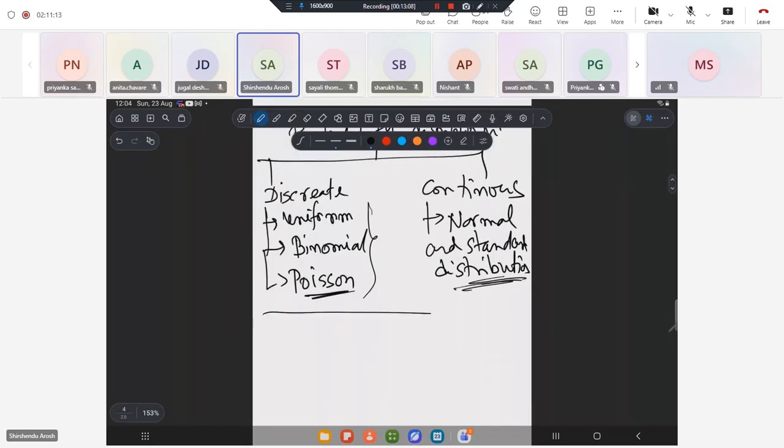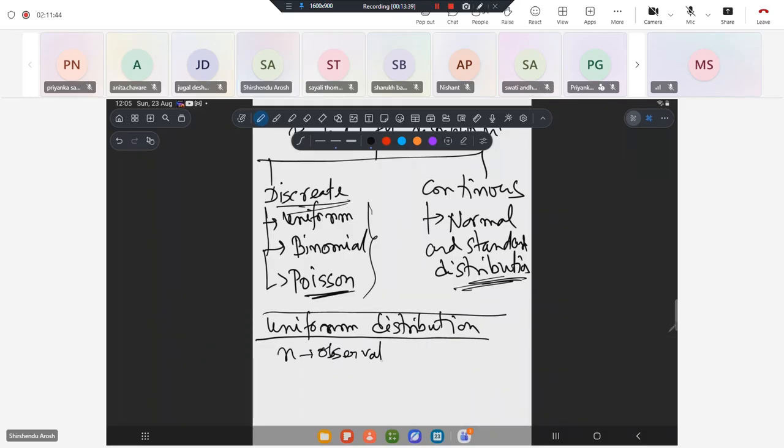Let's start with the very basic one, that is the uniform distribution. Probably the easiest and simplest distribution. Uniform distribution means, and by the way this is a discrete distribution, that if there are n observations, each observation has the same probability.